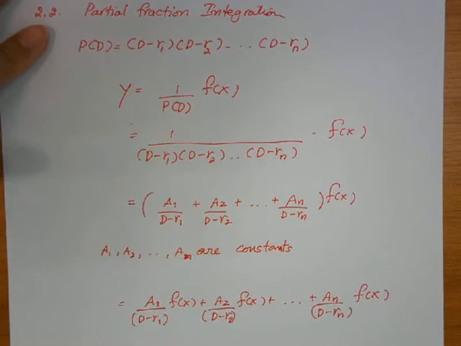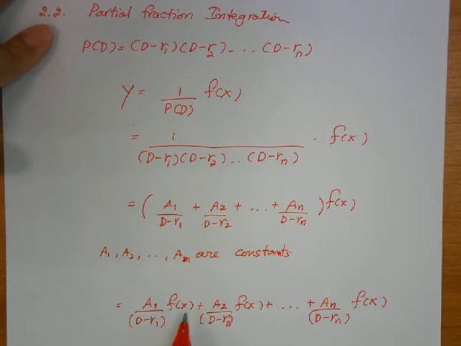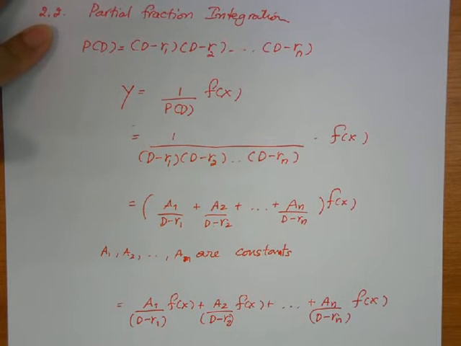From this, you put the definition of 1 over D minus a of fx into each term. So you do the integral n times, but not successively.